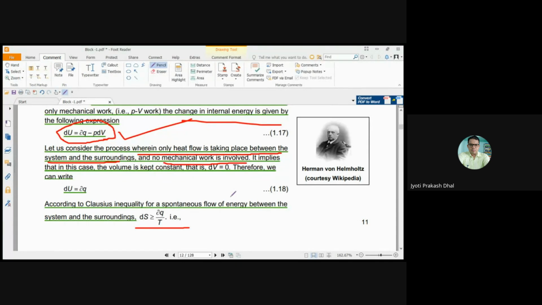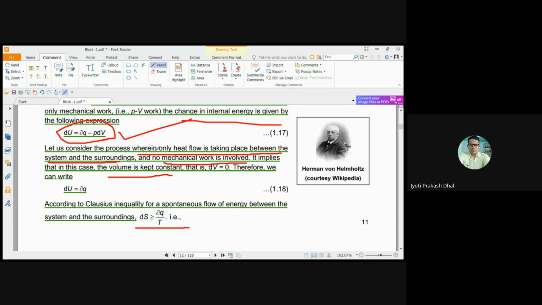If in the system there is no expansion or no compression, then the mechanical work will be considered to be zero. So here in the first case we discuss that no mechanical work is involved. It implies that in this case the volume is kept constant. If the volume of the system is kept constant, then no mechanical work is carried out on the system or by the system.